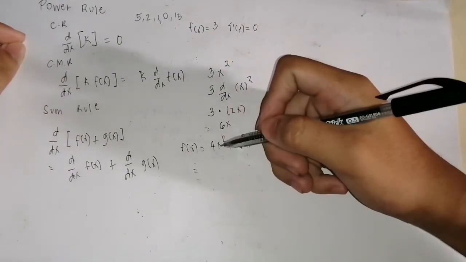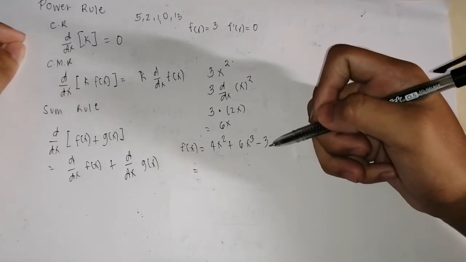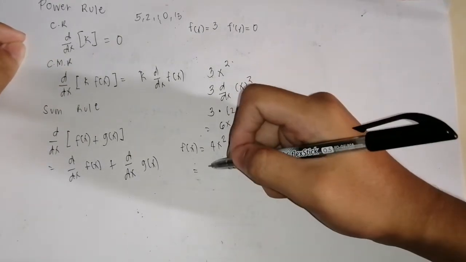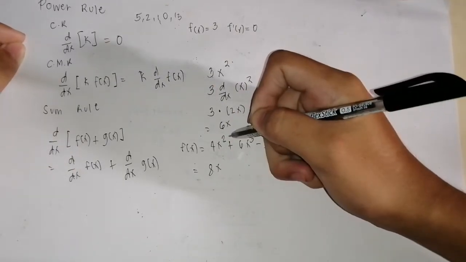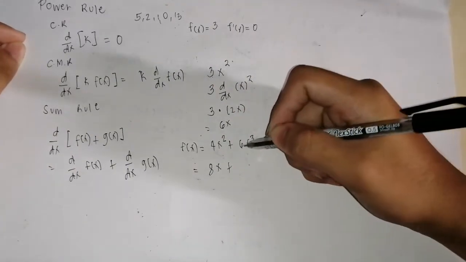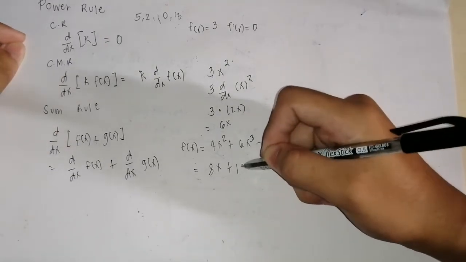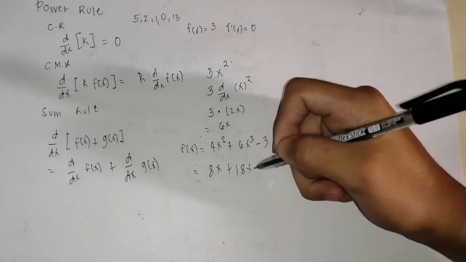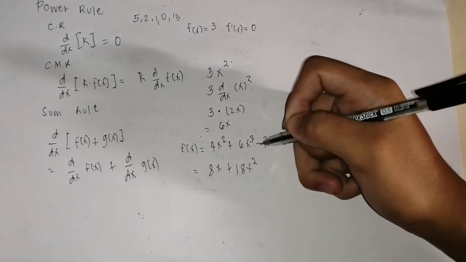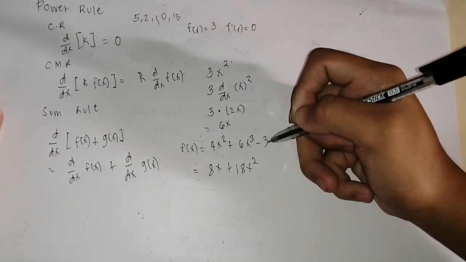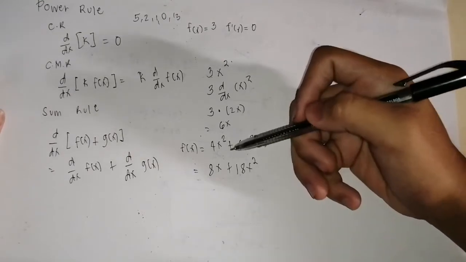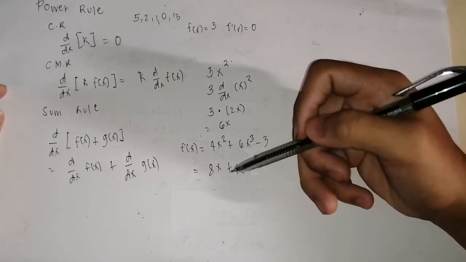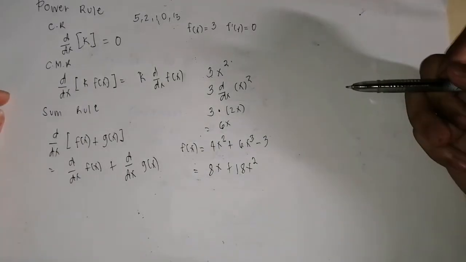So, what is the derivative of 4x squared plus 6x cubed minus 3? 4 times 2 is 8x to the power 2 minus 1, which is just x, plus 6 times 3 is 18, then 3 minus 1 is 2, so x raised to 2, minus 3, since it is a constant, it is 0. The derivative of 4x squared plus 6x cubed minus 3 is 8x plus 18x squared.